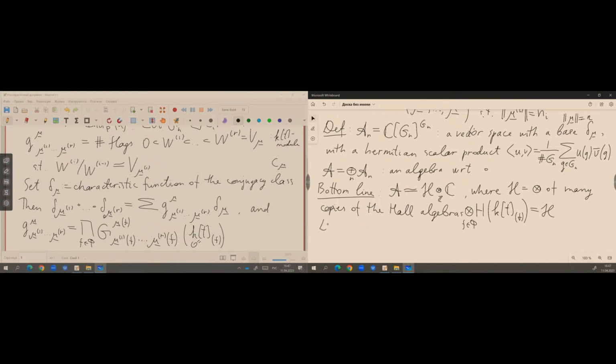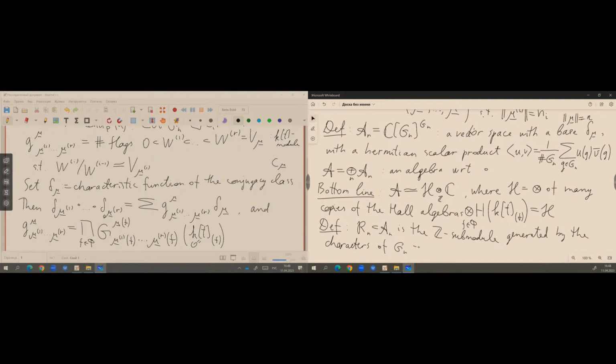Okay, and the last definition in this series is that R_n inside A_n is the Z submodule generated by the characters of GL_n.